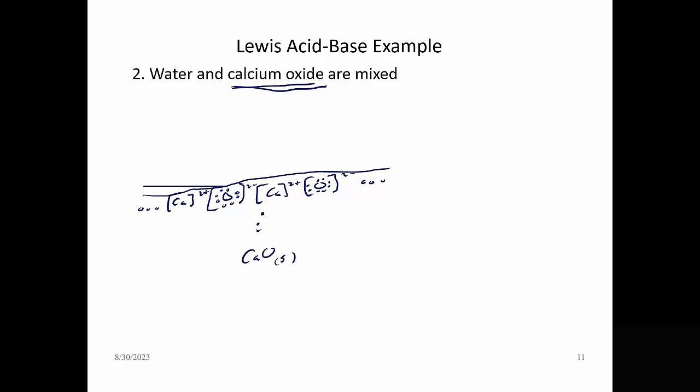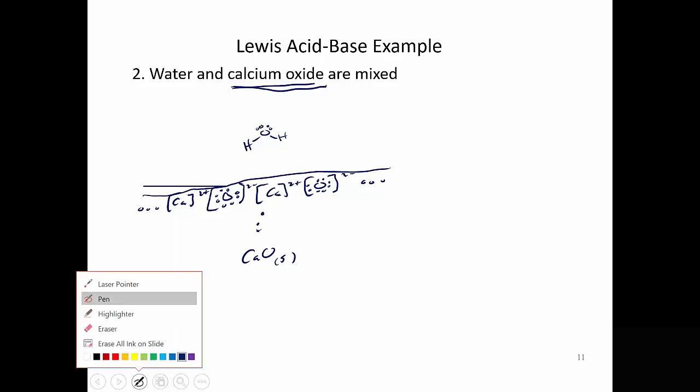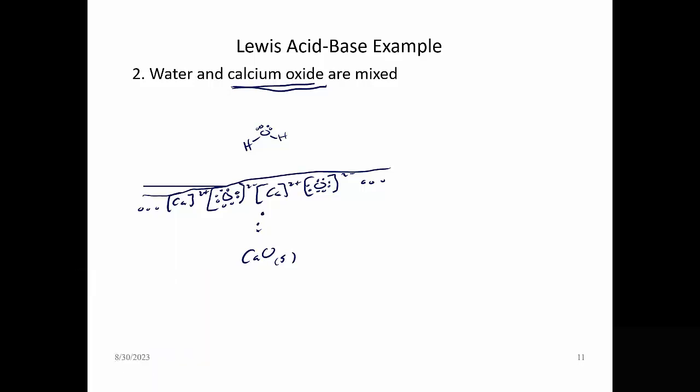Then we have water. And we have the same type of scenario that comes up here. Water can be an acid or a base. Calcium oxide is the same thing.